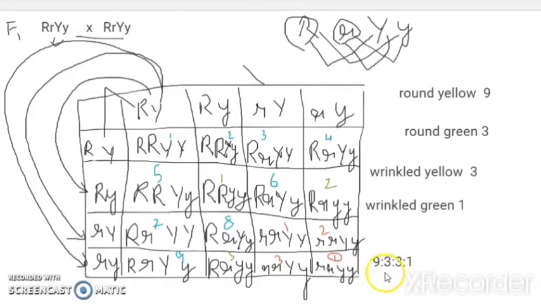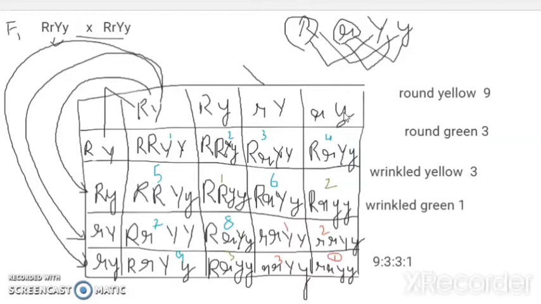It is 9:3:3:1. This is the phenotypic ratio. And as Mendel said, when he cross pollinated the round and the wrinkled, and in the same way when he cross pollinated the yellow and the green colored seed, he got the phenotypic ratio of 3:1, right?